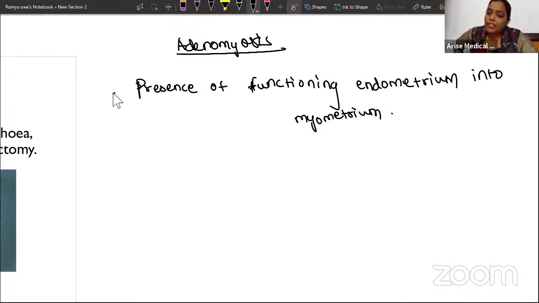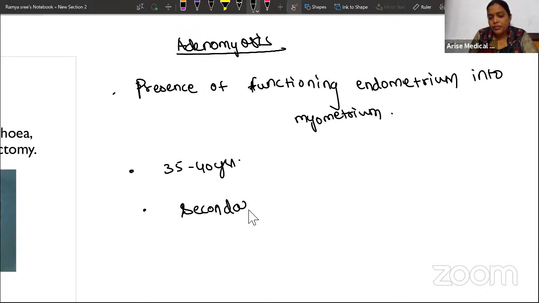Usually it is seen in the age group of 35 to 40 years. Clinical picture, they'll have dysmenorrhea, secondary dysmenorrhea, and heavy menstrual bleeding.